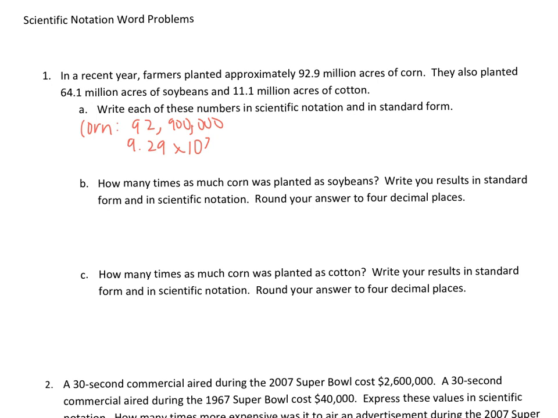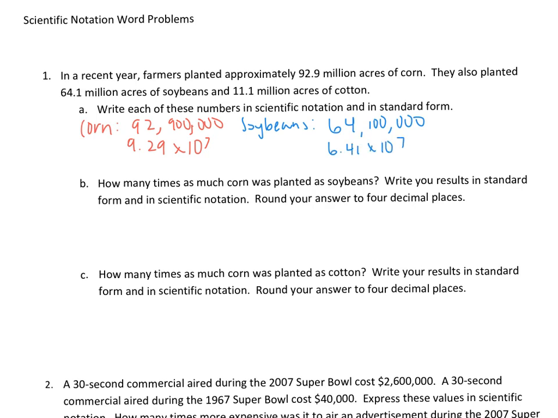Now let's look at soybeans. I need to write this in standard form. And so 64.1 million would be 64,100,000. And then scientific notation would be 6.41 times 10 to the 7th.